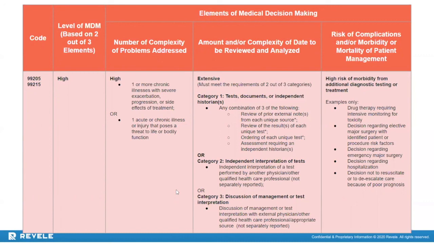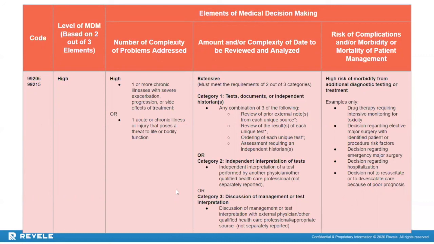For the amount and or complexity of data to be reviewed and analyzed is extensive, which must meet the requirements of 2 out of the 3 categories. Category 1 is for test documents and independent historians.